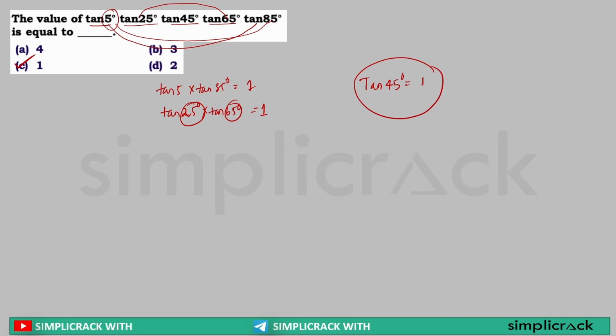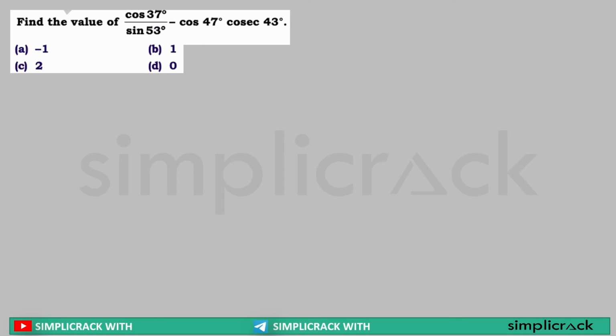So understand this. Now, sir, here it is saying cos 37 degree divided by sine 53 degree. Sir, you told us sine 53 degree can also be written as sine 90 degree minus 37 degree. That means 90 minus theta can be written as cos 37 degree.